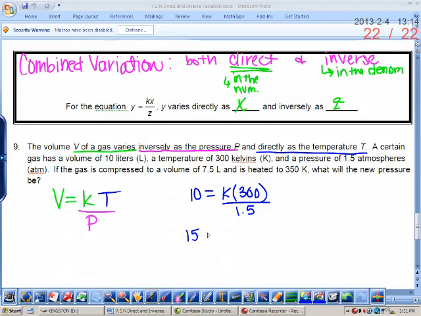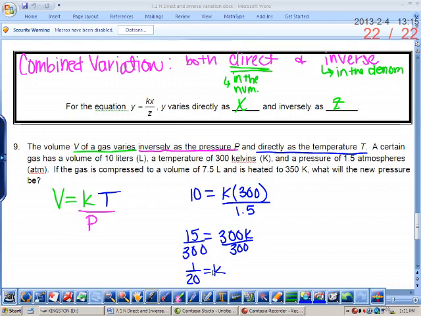Shame on you if you went to your calculator for that. 15 equals 300K, so we divide by 300. 15 goes into 30 twice, so 15 goes into 300 twenty times, so 1/20th is equal to K.